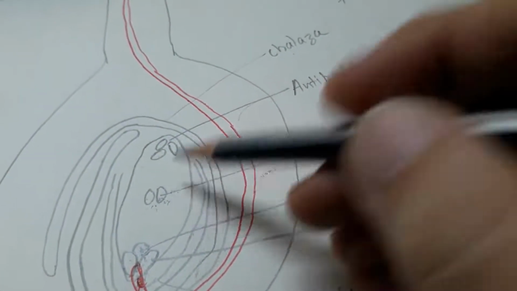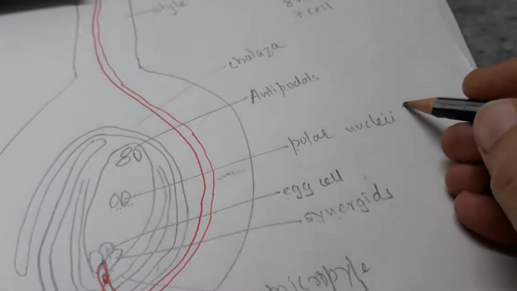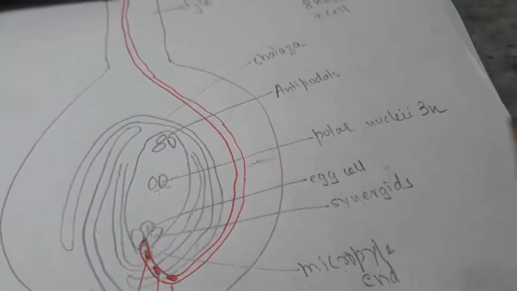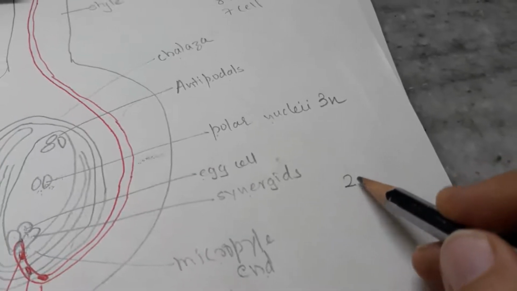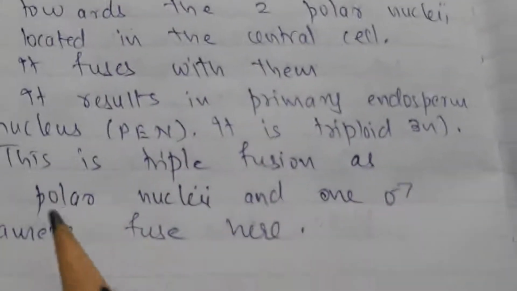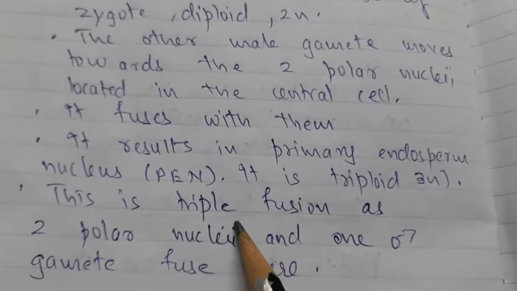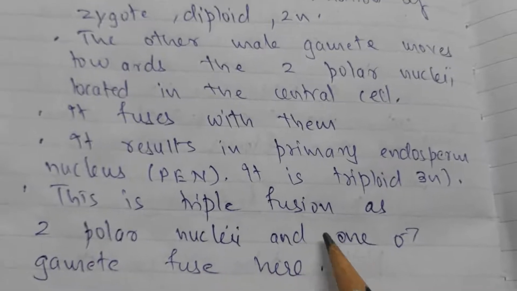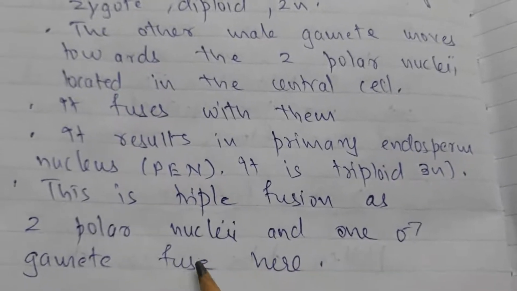The resultant is 3n. And where fertilization takes place with the egg, the zygote is 2n. This is triple fusion, as two polar nuclei and one male gamete fuse here.